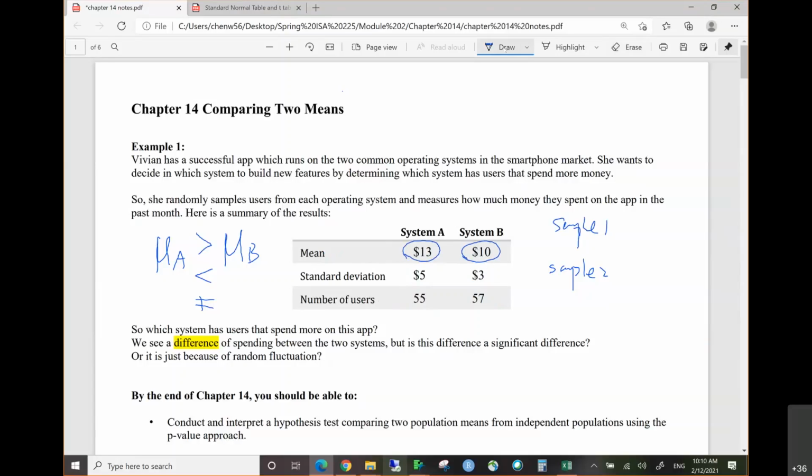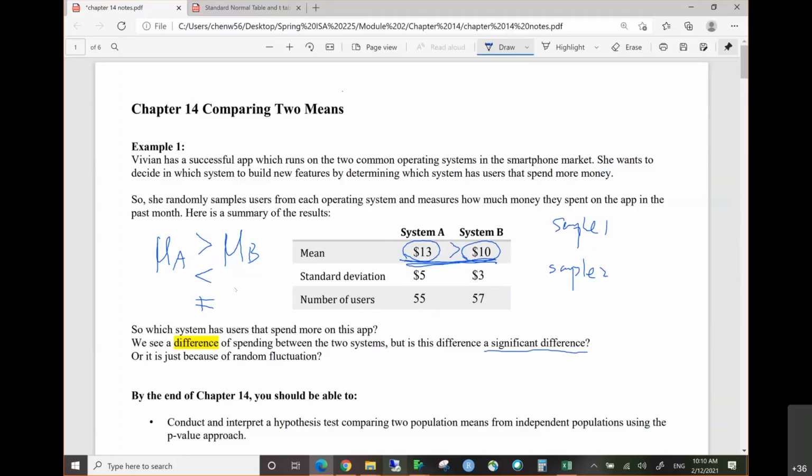So it looks like system A has users that spend more money than the users using system B. But the difference is 3. Is this 3 a significant difference, so that I can conclude that population A has a larger mean than B, or is this 3 just a random fluctuation?